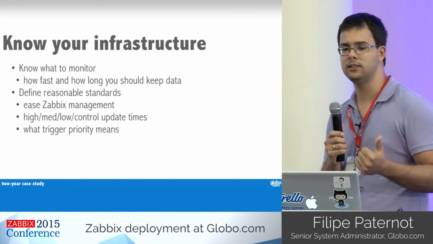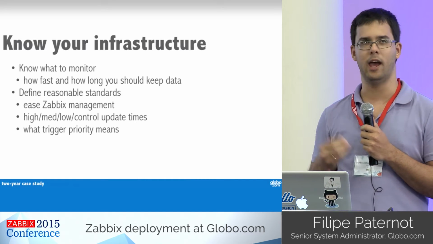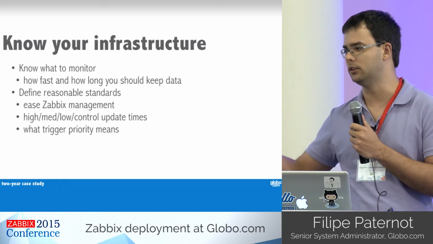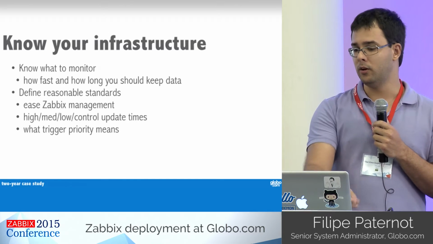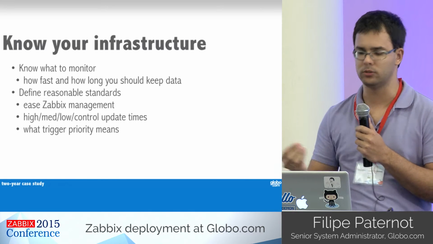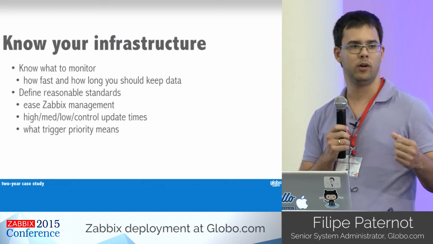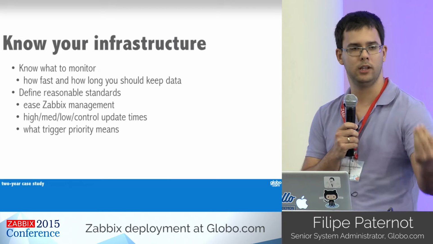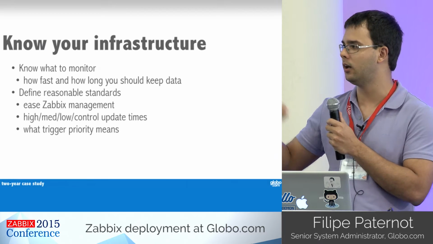So we defined some standards that help us to manage the environment soon after. We did it by creating defaults for our customers. So when we are implementing a new template, we ask them, what do you need? How fast do we need to pull this data? How fast do we want to be alerted?